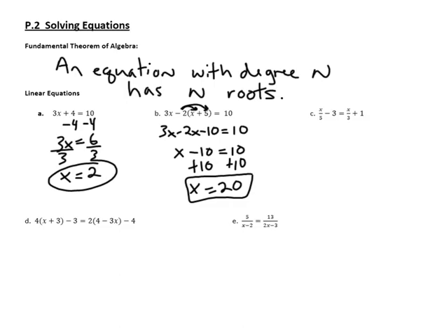In part C, you can't be afraid to work with fractions. There's a couple different ways to do this problem. The first way would be to get the fractions with common denominators. The second way would be to just get rid of the fractions.